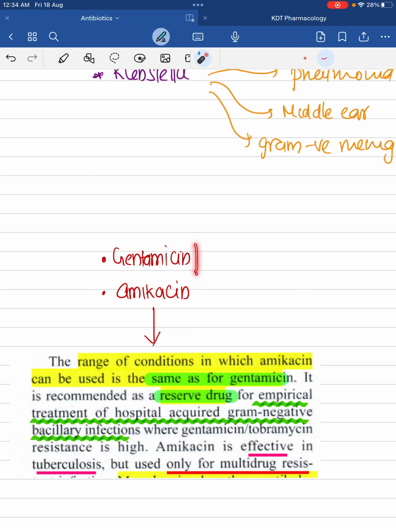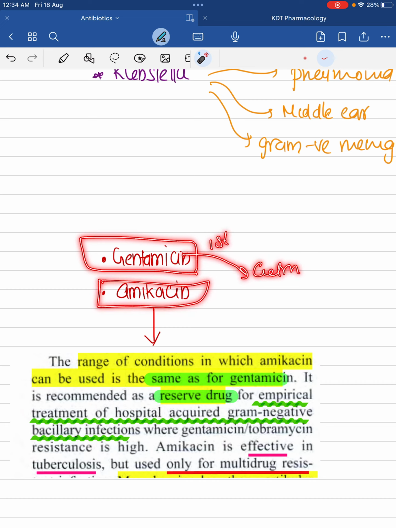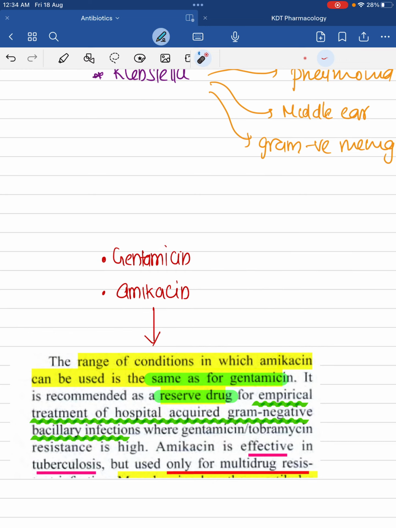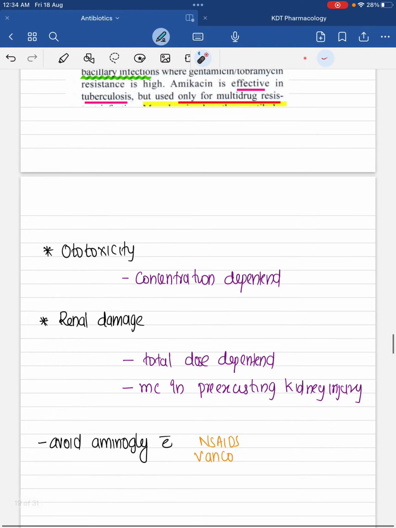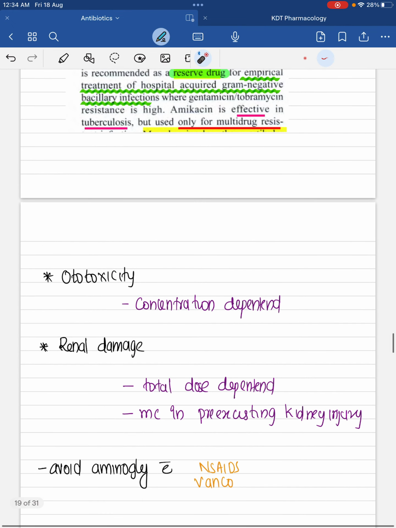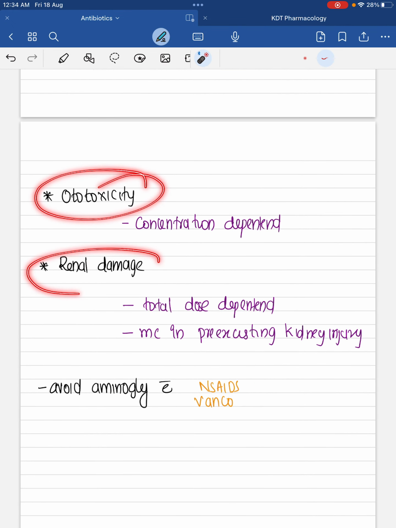So they prefer to give gentamicin first, and amikacin only if we suspect gentamicin resistance or it is a hospital acquired infection. This much clear?